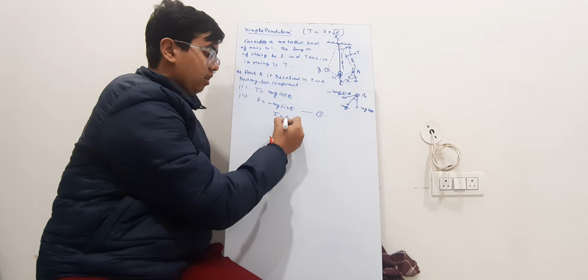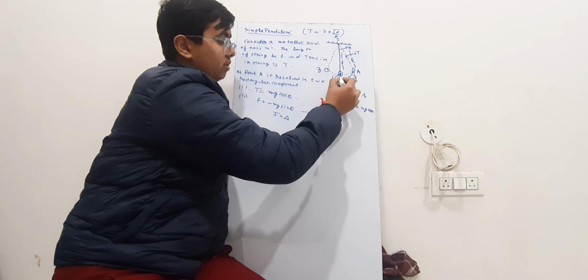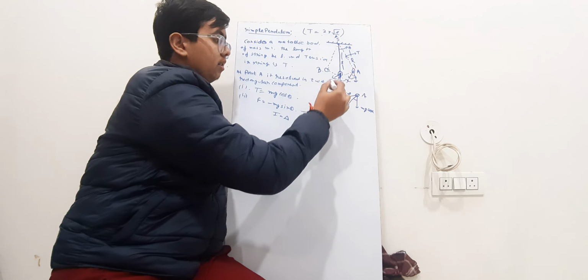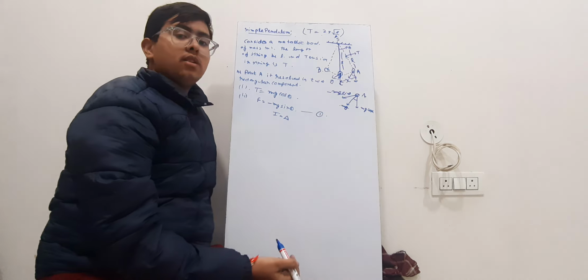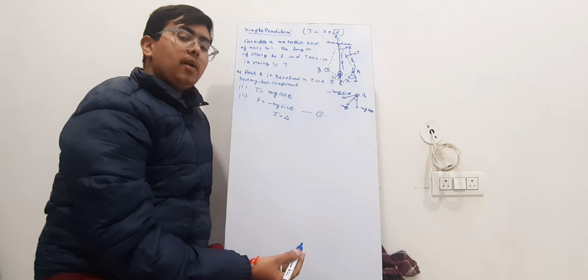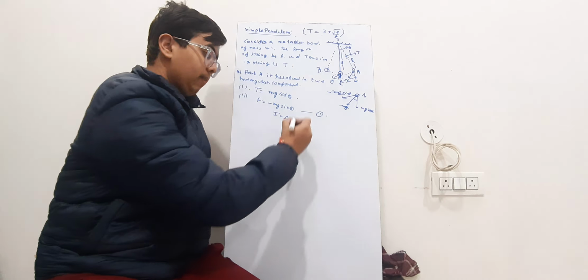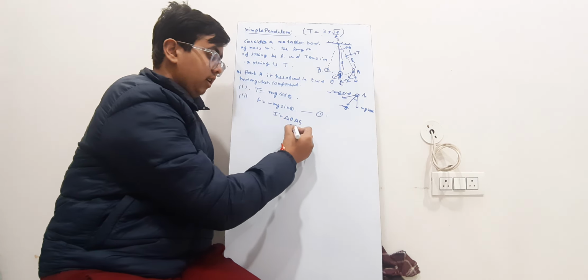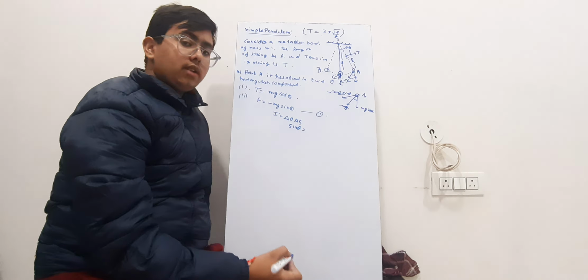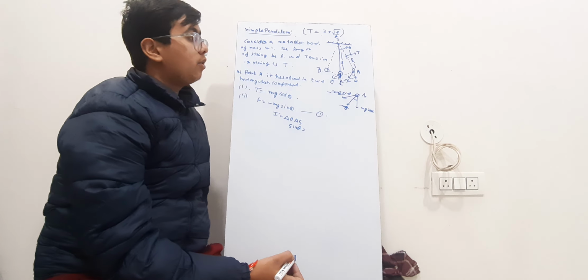In triangle OAS, this is point O, the initial point. In triangle OAS, we apply the sin theta identity. What is sin theta? Perpendicular upon hypotenuse.